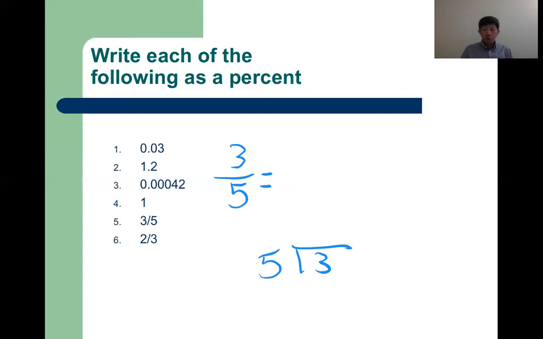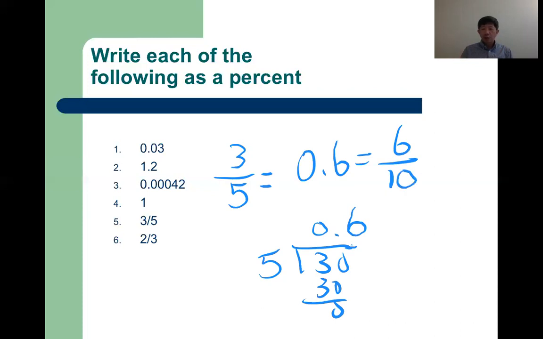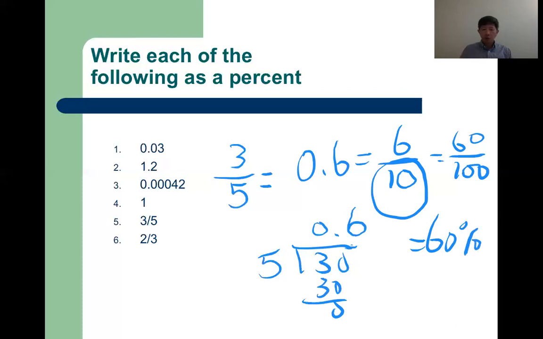So we have 0.6, right? 0.6 actually is 6/10. So we want to make this 100, 10 times 10. So we have 60 over 100. So therefore we have 60%. So that's one way we can do it, right? You just want to change the denominator to 100 and then make it a percentage, okay?